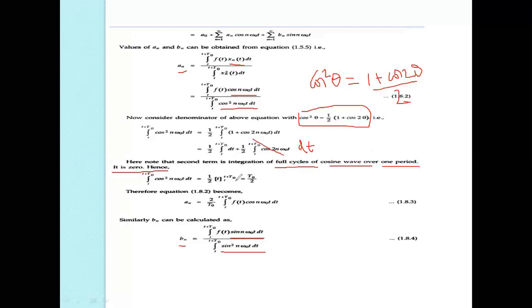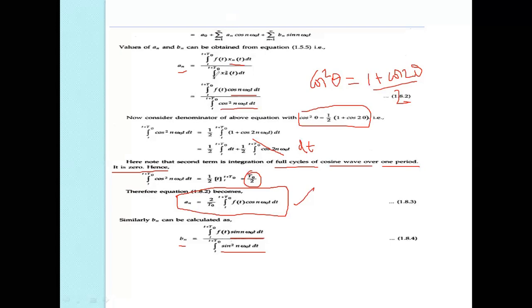So integral dt is t, upper limit t plus t naught and lower limit t. So t plus t naught minus t get cancelled. We have t naught by 2. So in the an, the denominator is t naught by 2. So finally an is equal to 2 by t naught integral t to t plus t naught f of t cos n omega naught t dt.